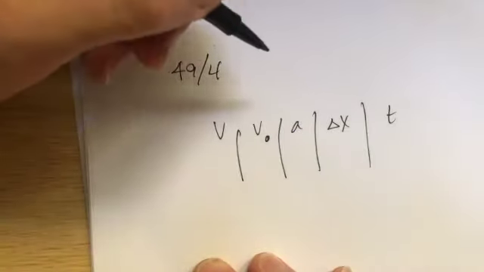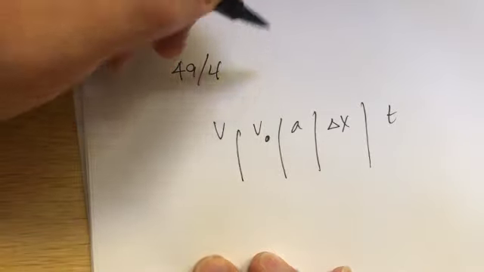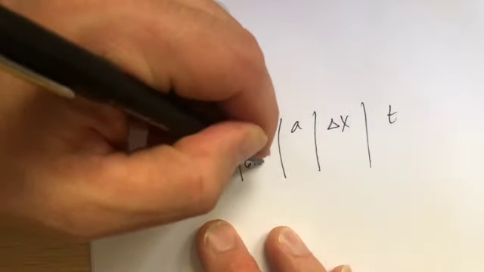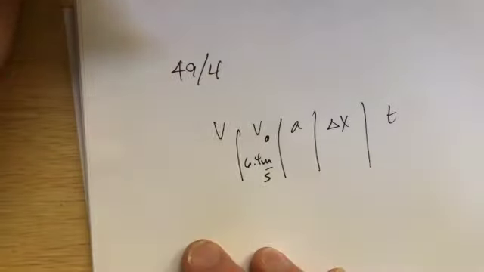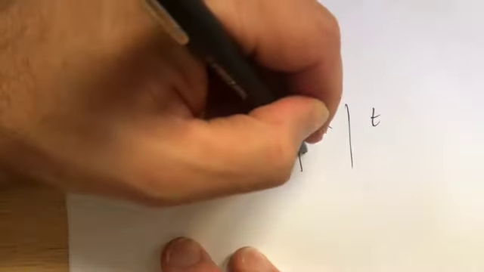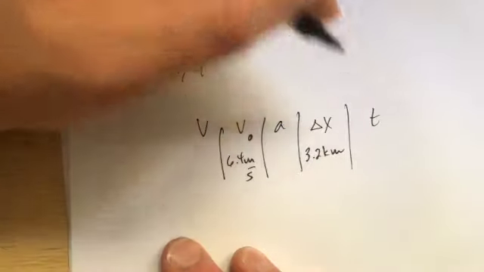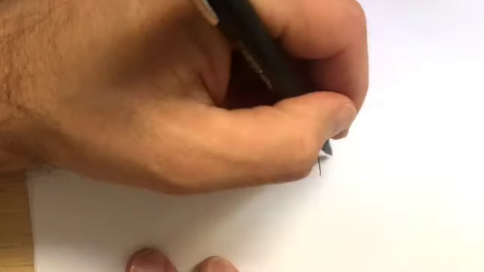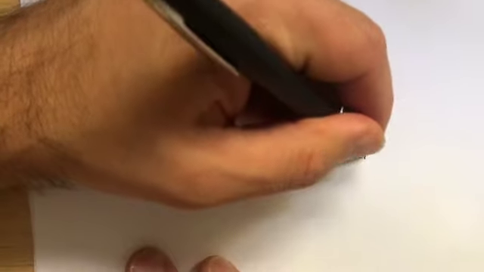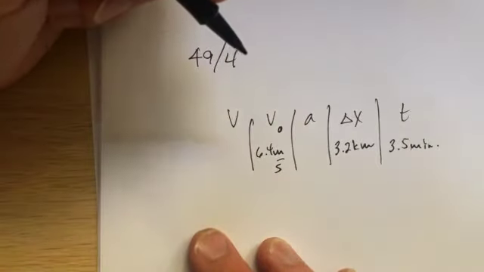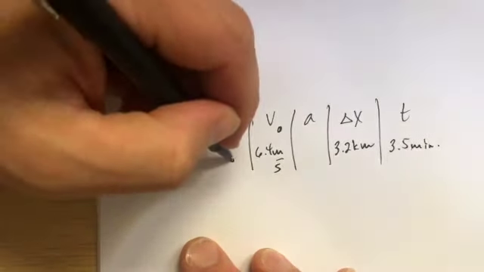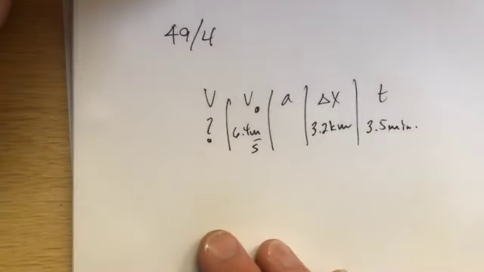It enters the freeway at 6.4, so that's the initial velocity. And it accelerates uniformly for 3.2 kilometers, so that's a displacement. And it does it in 3.5 minutes. And the question is, how fast in meters per second is the car going after that time period?